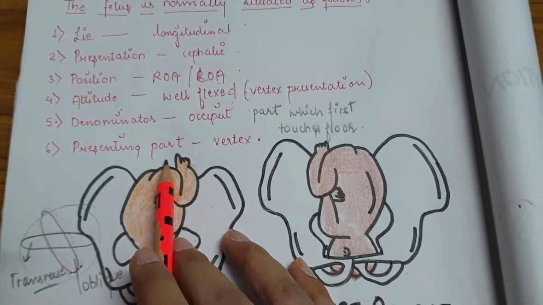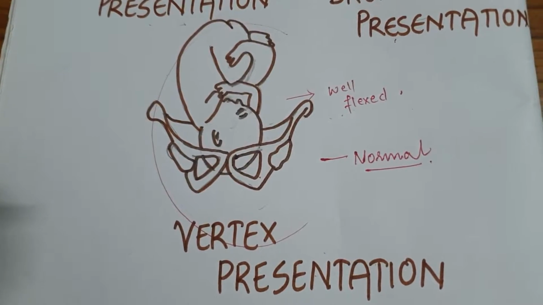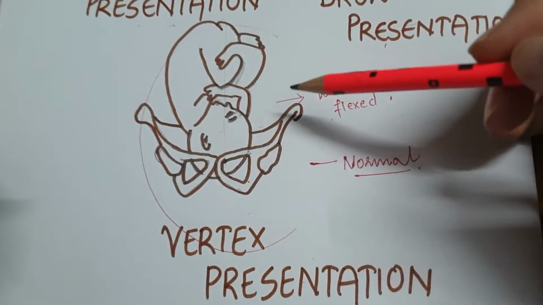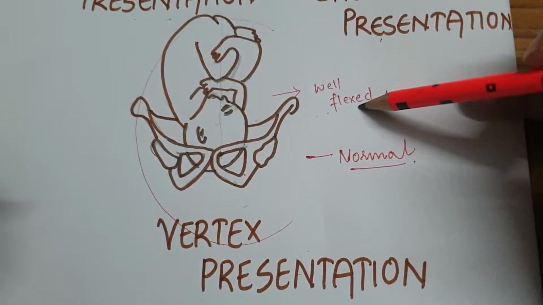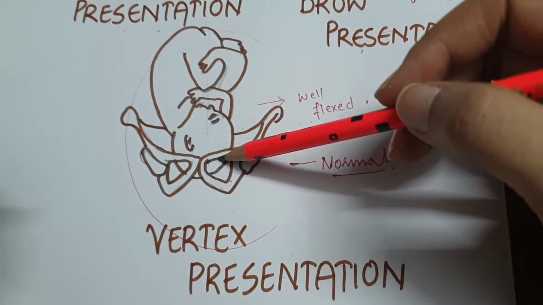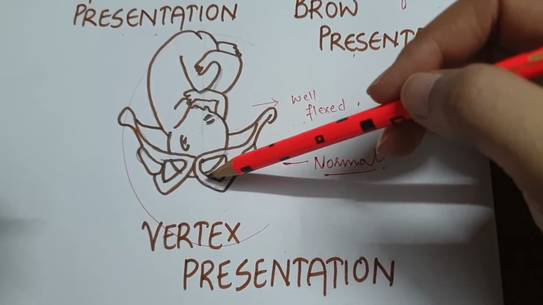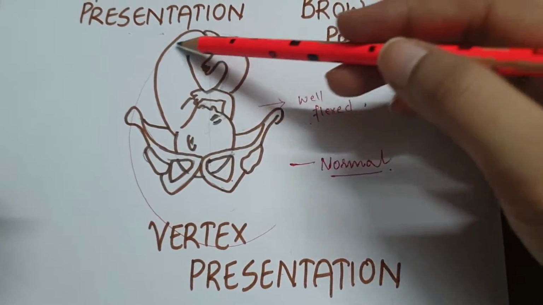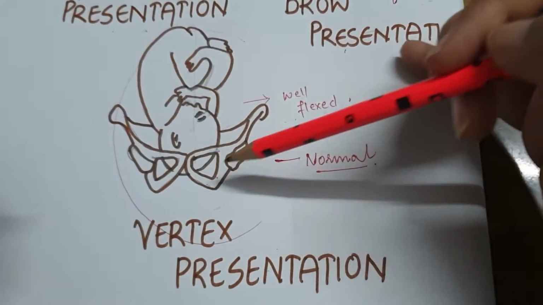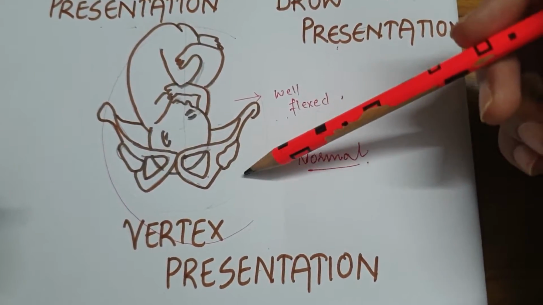The normal presenting part is vertex. Like in this diagram, the lie is longitudinal, the attitude is well flexed, the presenting part is vertex. Are you clear about the terms vertex, brow and face? Vertex is the posterior part of the fetal head. So this is called the normal position, or the fetus is normally situated like this inside the uterine cavity.